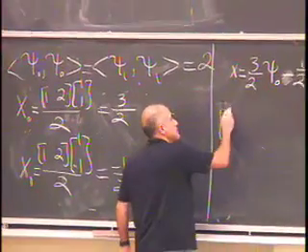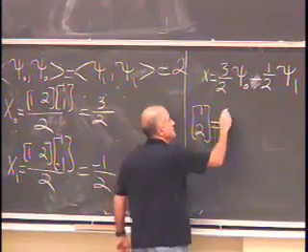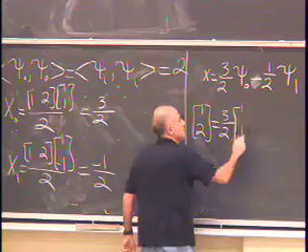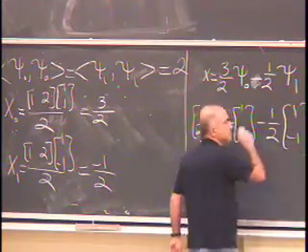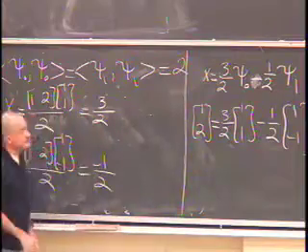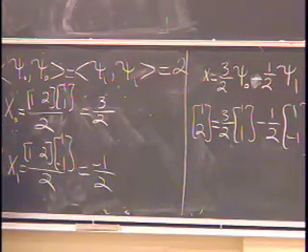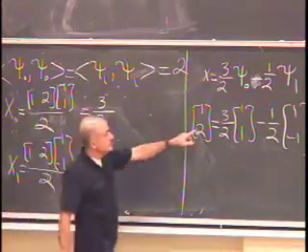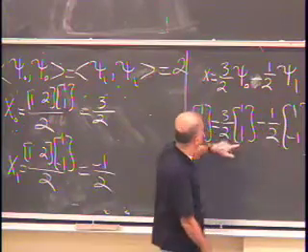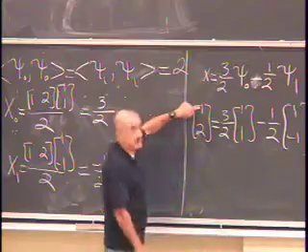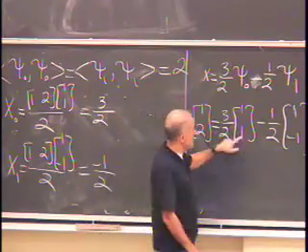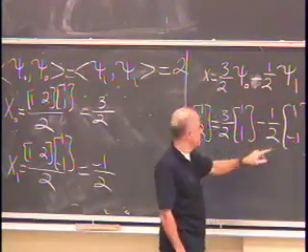In other words, 1, 2 is equal to 3/2 times 1, 1 minus 1/2 times 1, minus 1. Does that work? 3/2 minus 1/2, that's 1. 3/2 plus 1/2, that's 2.